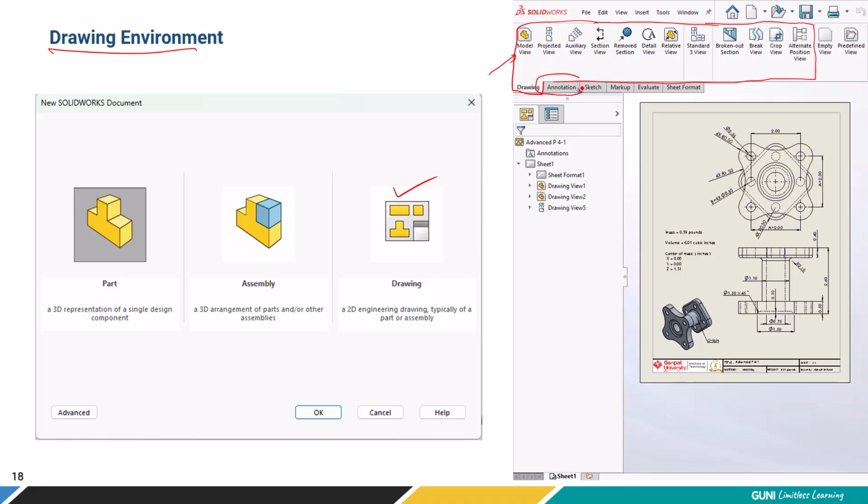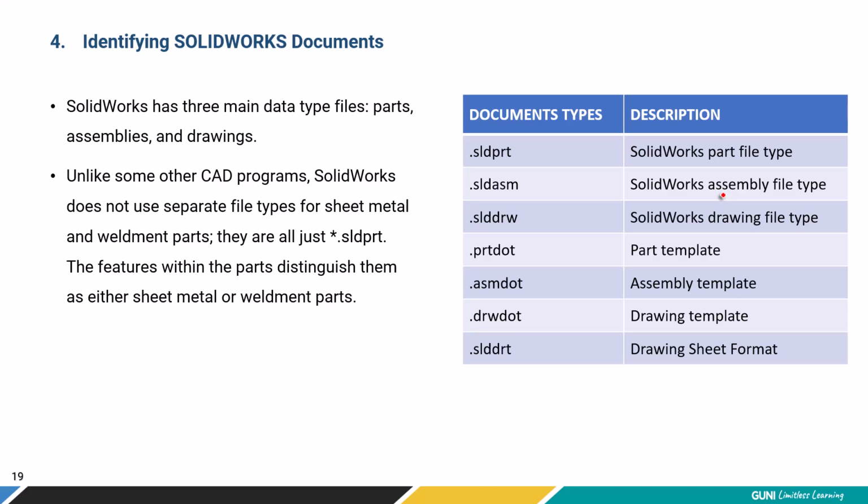Then you have to go for adding the annotations. You can also create projected views, sectional views, detail views. So all these things are available in the drawing environment only. Now, what is the beautiful thing about SolidWorks? If you change any dimension over here, it will update the model geometry as well.